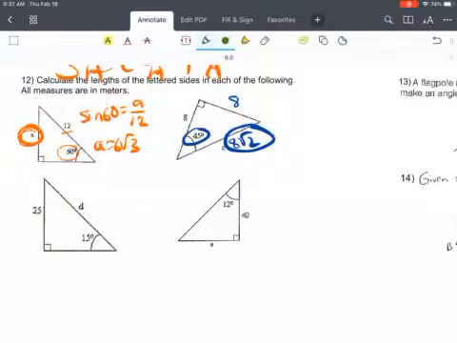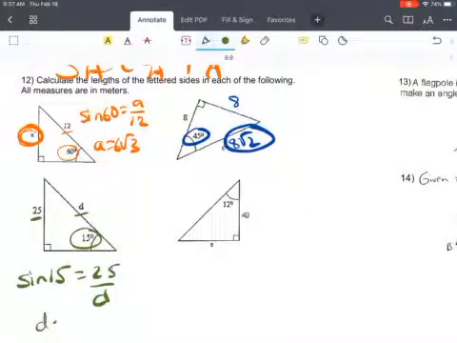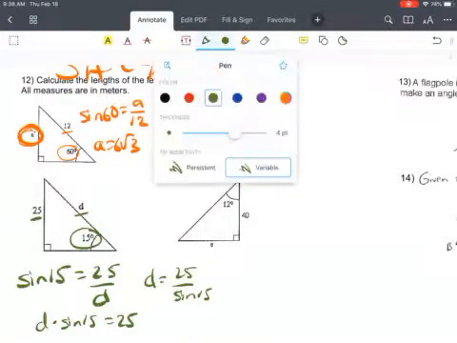For D, again, I have 15, and I have opposite, and I'm looking for hypotenuse. So sine is the function I need to use. Sine of 15 equals 25 over D. When I cross multiply, I get D times the sine of 15 equals 25. So D would equal 25 divided by sine of 15, and you can get that decimal.